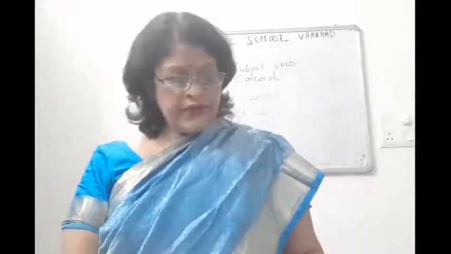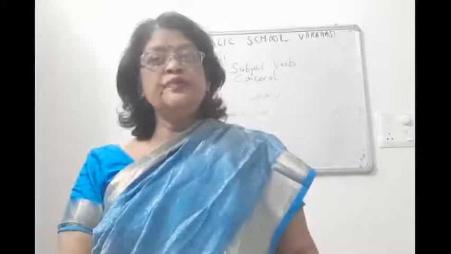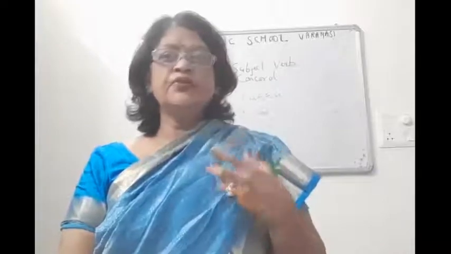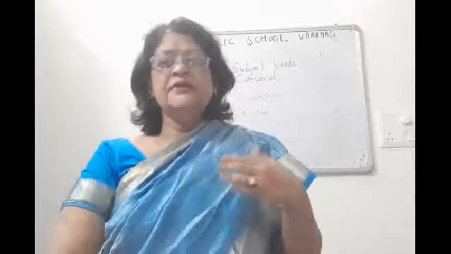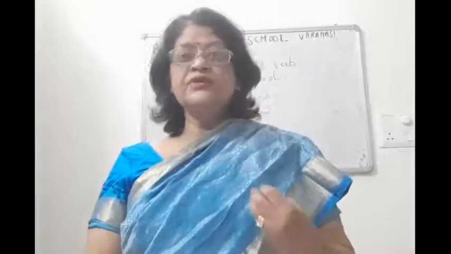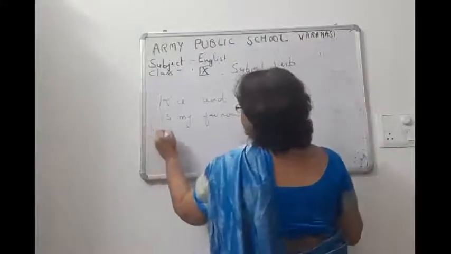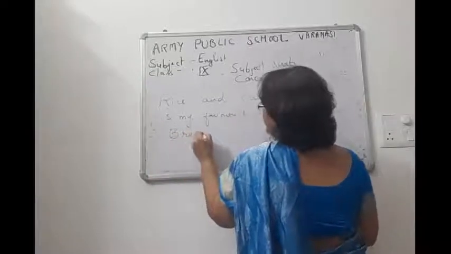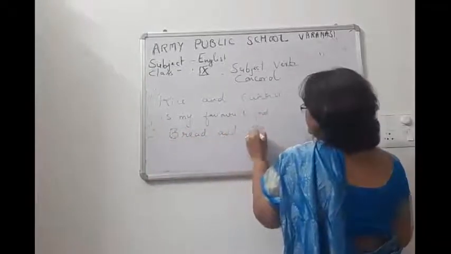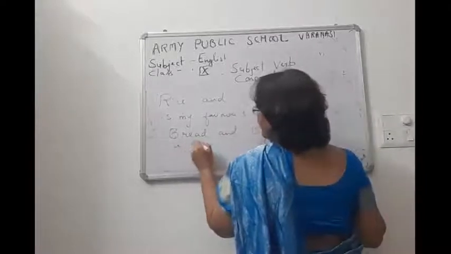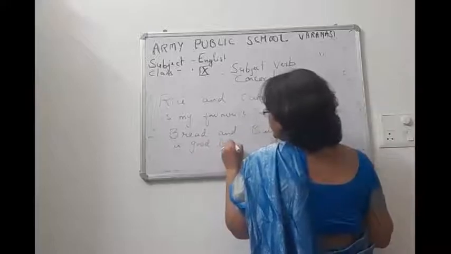So children, when two or more nouns make one unit, like bread and butter. Bread and butter both are the breakfast. They are considered as one unit. So bread and butter is a good breakfast.